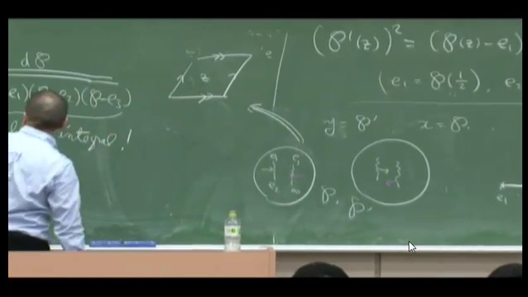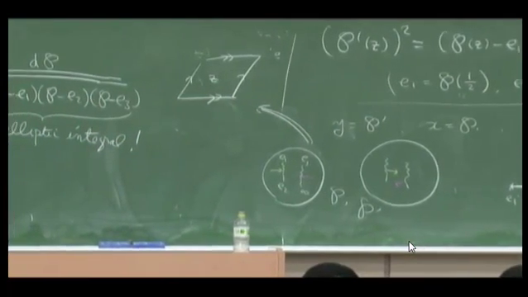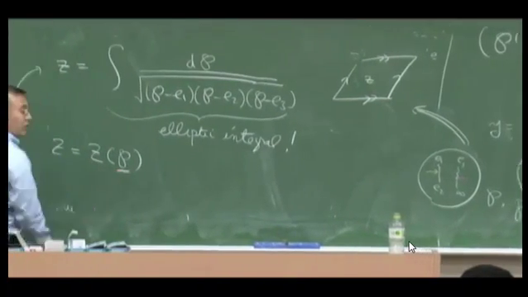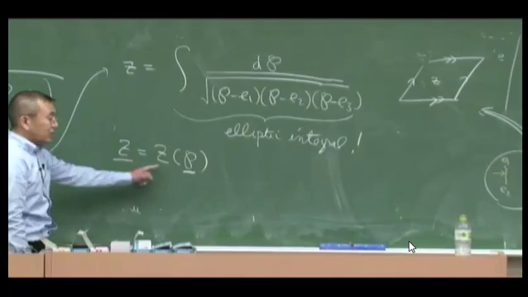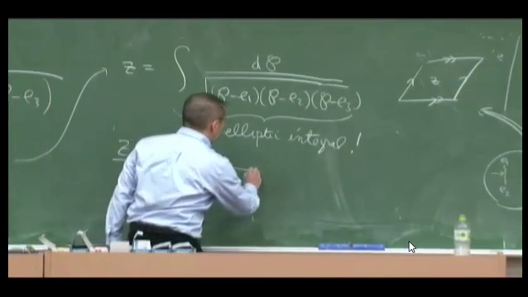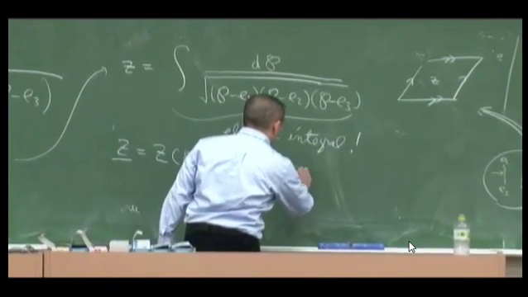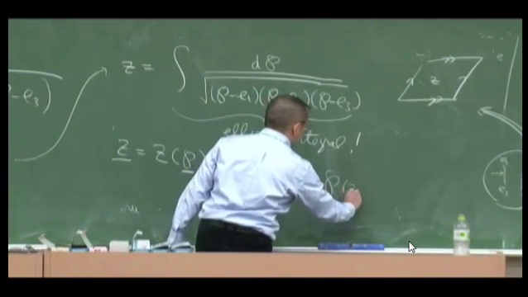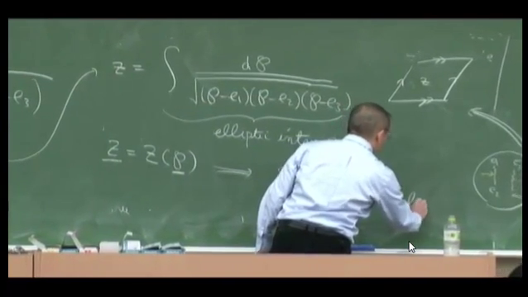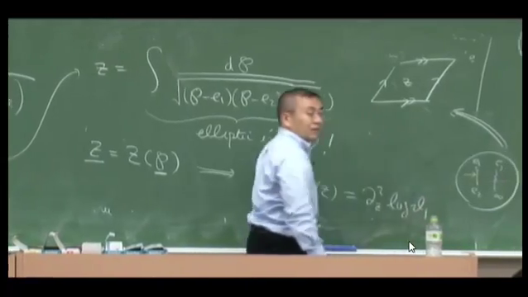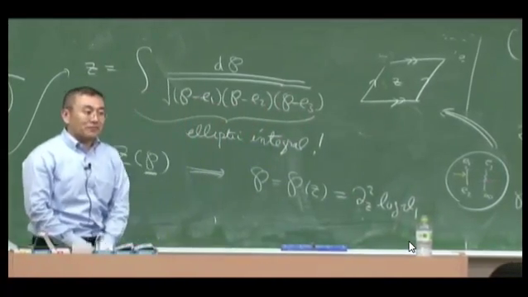So this elliptic integral relates this algebraic coordinate ℘ with this coordinate z. But in this way, you can invert that and write ℘ as a function of z, but then this ℘ is expressed in terms of the logarithmic derivative of the theta function. So that led to the theta function.